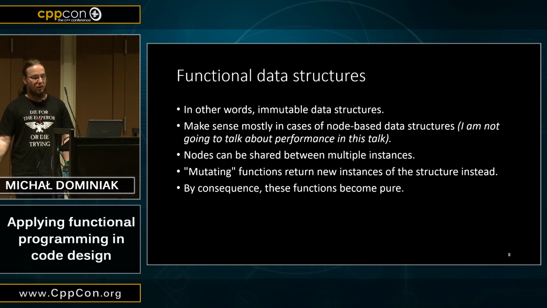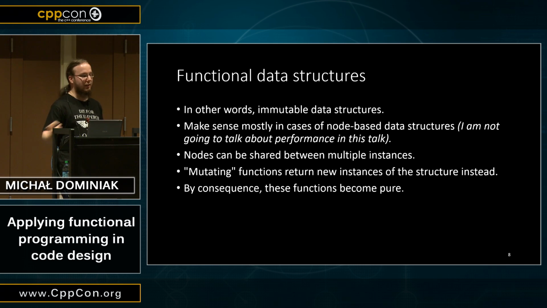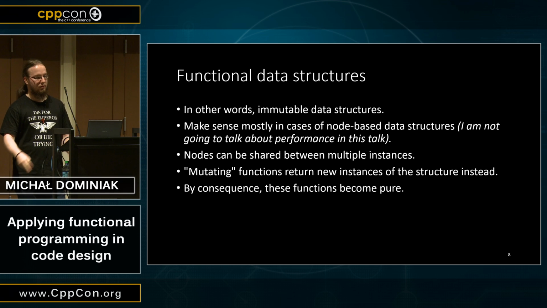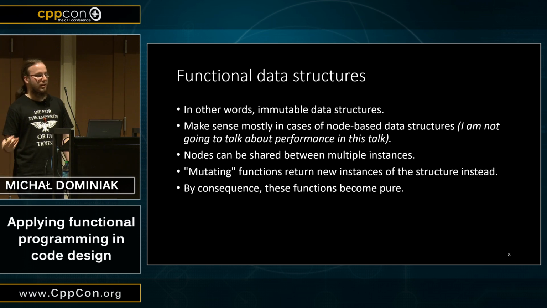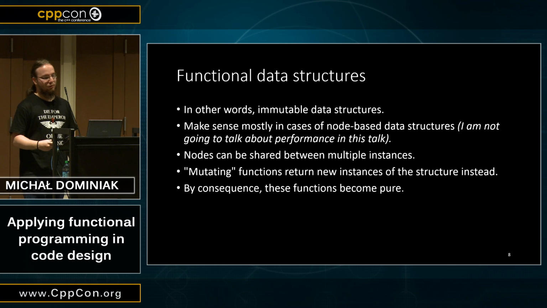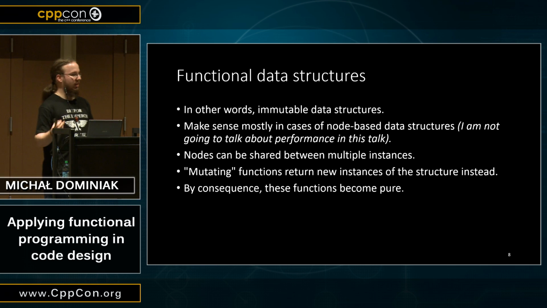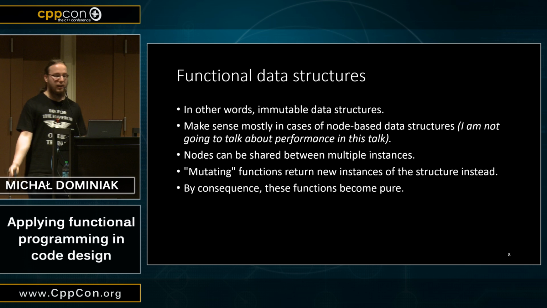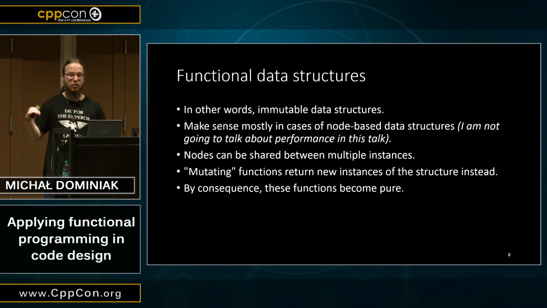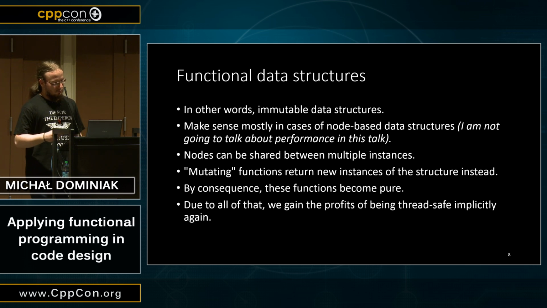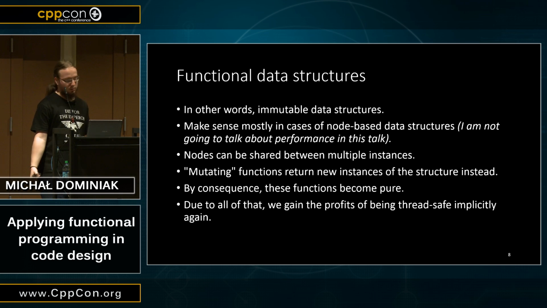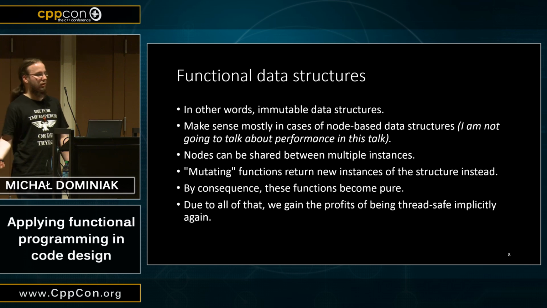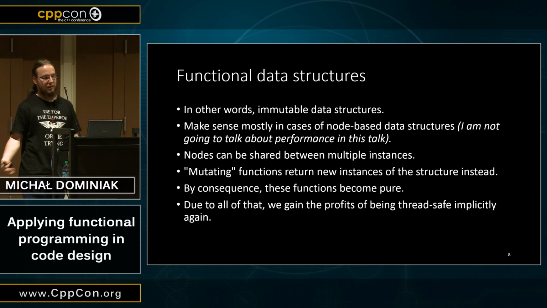So even if we are constructing multiple identical copies of an instance of a data structure, the compiler can be smart about it, figure out that we are really creating an identical thing multiple times, and optimize it. And it's also automatically thread safe. The data is immutable. We can't possibly run into data races by definition.